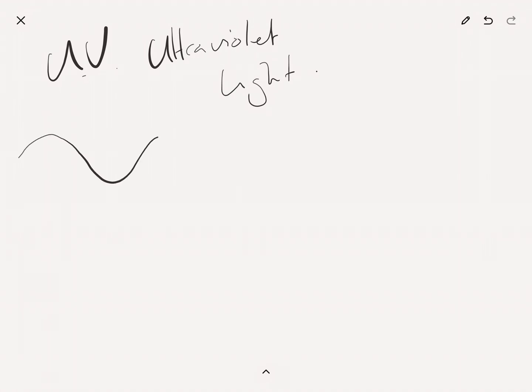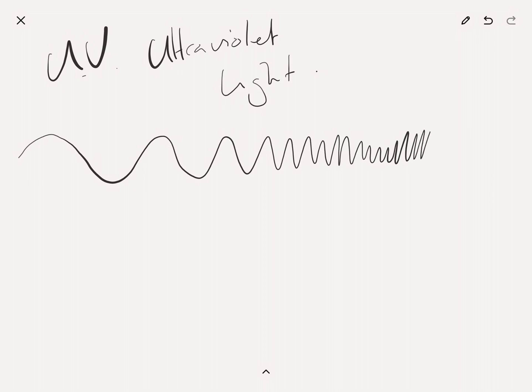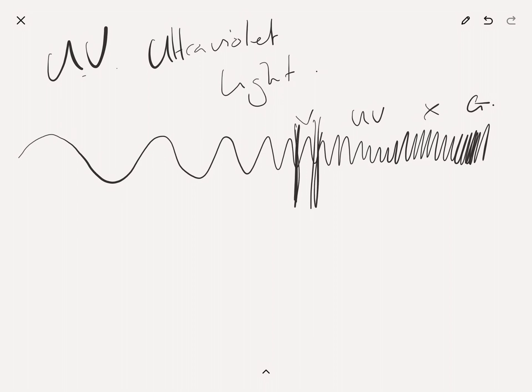We've got radio waves, microwaves, infrared, then visible light, then ultraviolet, X-rays, and the very, very high frequency gamma rays. Visible light is a tiny little band there that our eyes can pick up. I'll call that just a V.